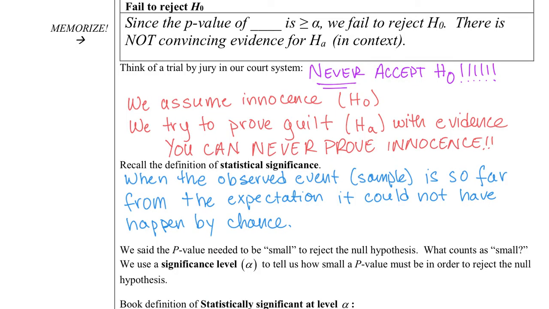When an observed event, known as our sample, is so far from the expectation, known as our parameter, there's no way it could have happened by chance. So when we do a random sample, there's always a small chance that it could be extreme, but it's very unlikely, and that's statistical significance.